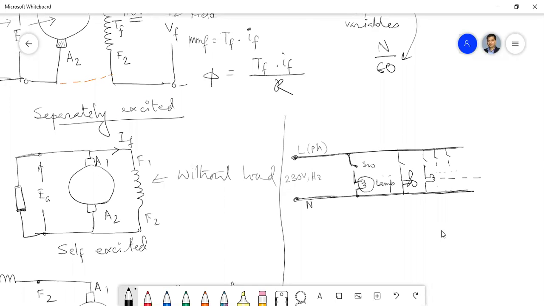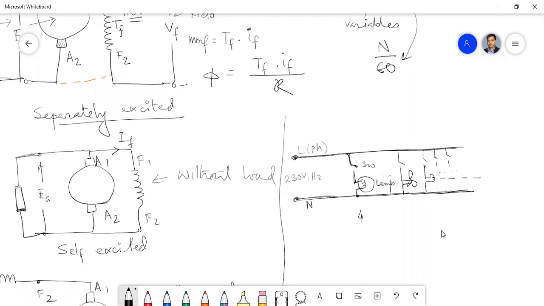Now you see, suppose I have a lamp. You should have the concept of the load very clear as an electrical engineer, because this should be clear from the first year itself. Otherwise, you will have lots of problems in due course. Suppose you have a lamp.